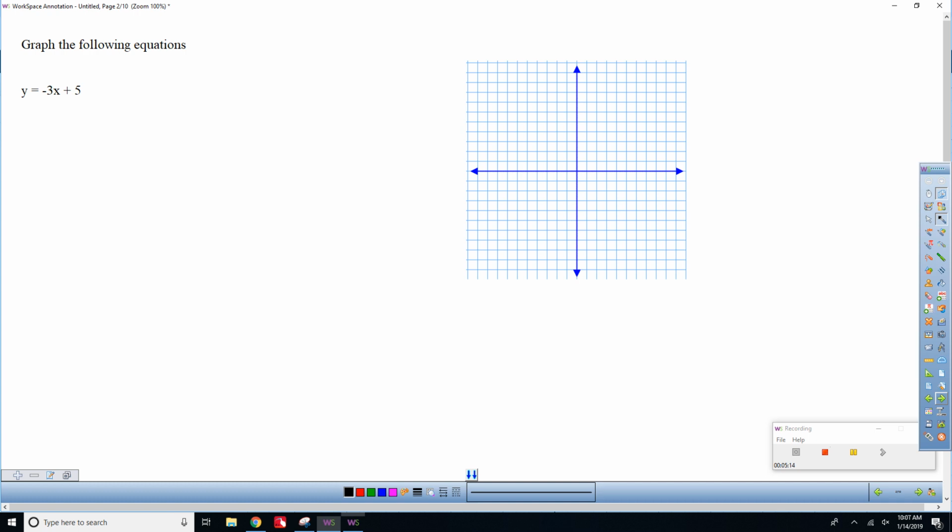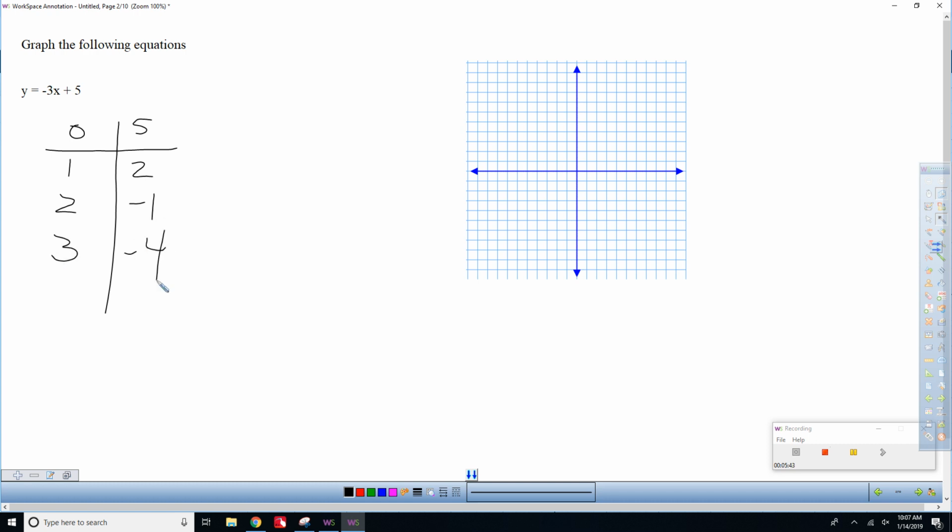Alright, graph them. You'd be crazy not to use your graphing calculators on all these. Get a table, pop in your points. Okay, unfortunately I lost my graphing calculator thing on here. So you're just going to have to ask me if you have any questions on how to use your graphing calculator. But when you put this in a table, you get 0 is 5, 1 is 2, 2, negative 1, 3, negative 4.